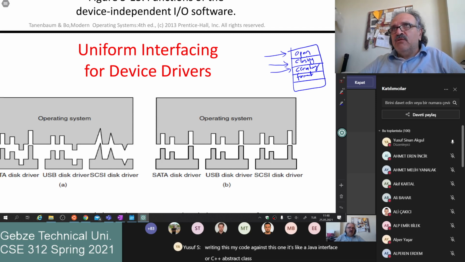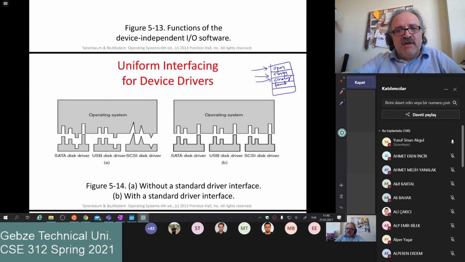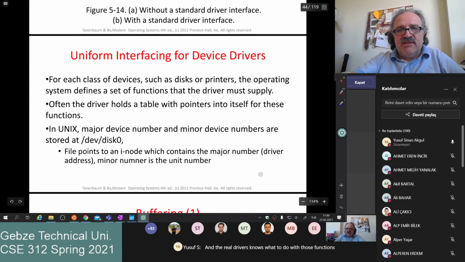You know the interface of the driver, and you are writing your code against this interface, these virtual functions, and you are just calling them with the real drivers, and the real drivers know what to do with those functions. That's how things are written.